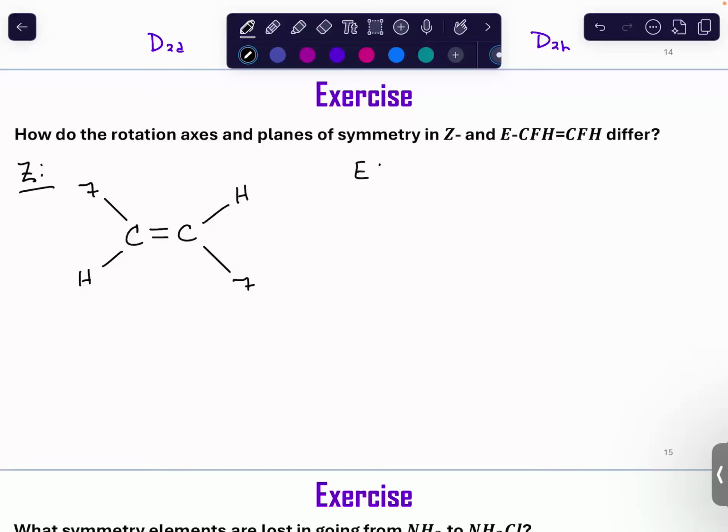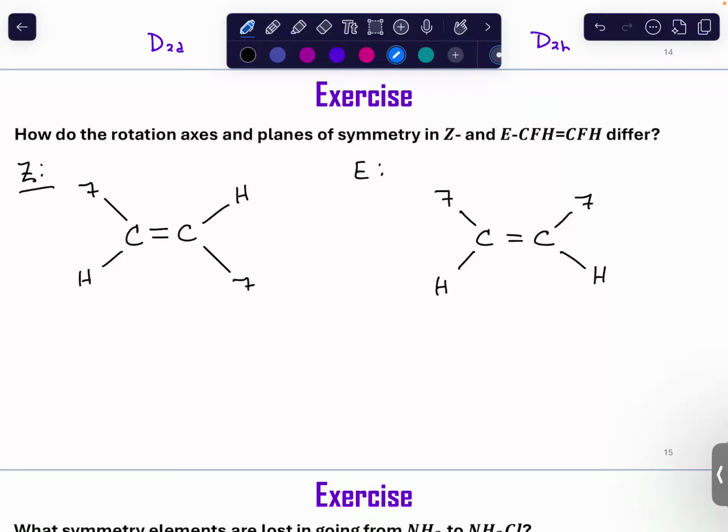Let's look at our E configuration. Doesn't matter if you draw them up or down. You have the same symmetry elements. Okay, how do the rotation axes and planes of symmetry differ between these two? When they're trans of each other, you can do one more rotation.